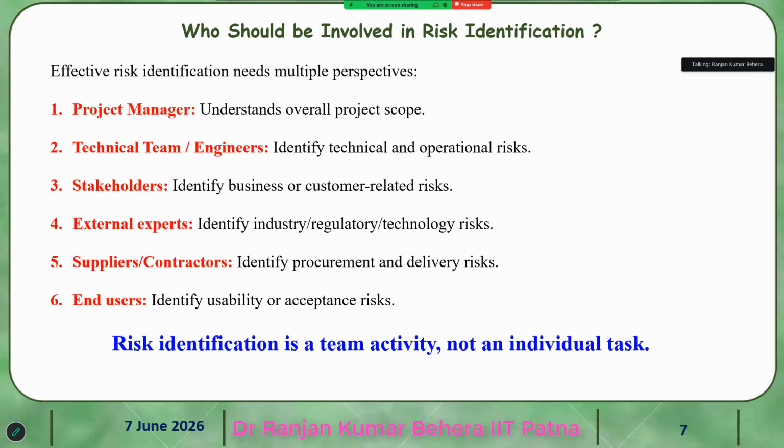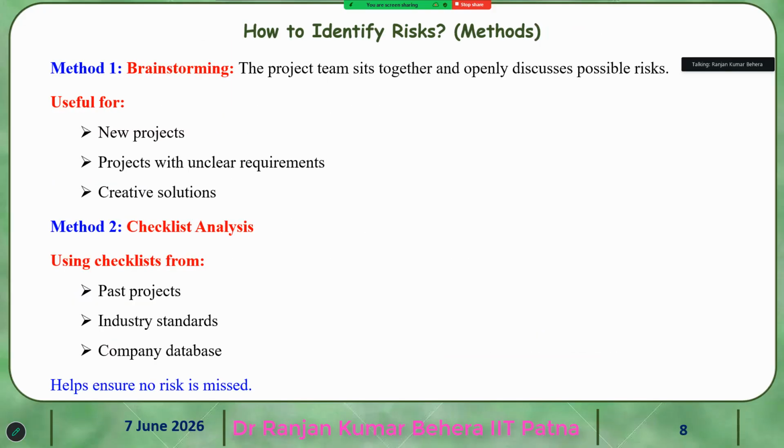That is how risk identification is a team activity. So how do we identify the risk? What are the methods? The first method is brainstorming, where you come together and discuss the whole project, accommodating everyone who is associated with the project. They should be part of this.